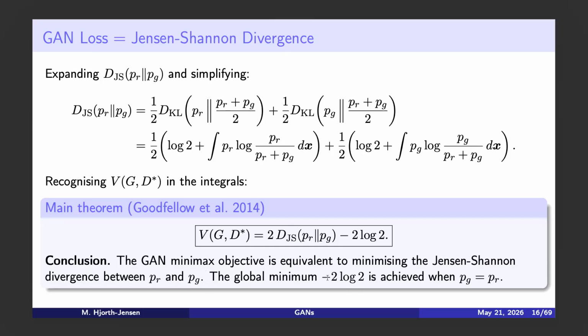The global minimum of -2 log 2 is achieved when the two probabilities are the same. You saw that also from the results in the training, that we approach this limit of 1/2 for both G and D.